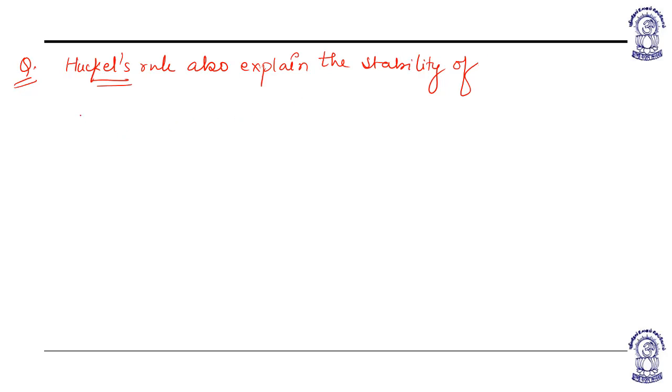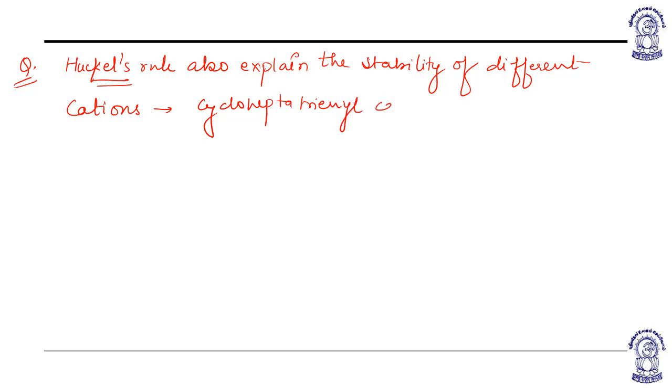There are some questions which come that Huckel's rule also explains the stability of different cations like the cycloheptatrienyl cation, C7H7 plus, and the cyclopentadienyl cation.